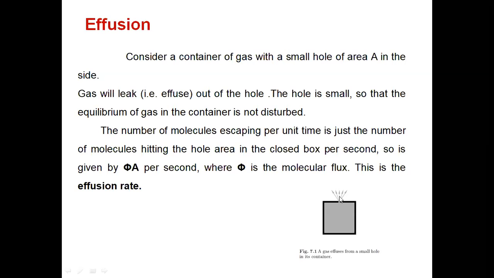So the number of molecules escaping per unit time is just the number of molecules hitting the hole area in the closed box per second. So it is given by the flux multiplied by the area per second, where phi is the molecular flux. This is the effusion rate.